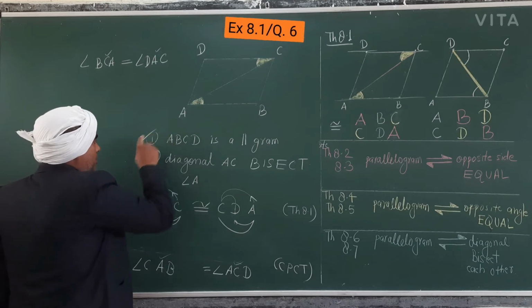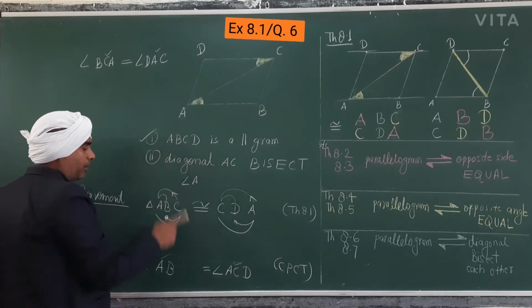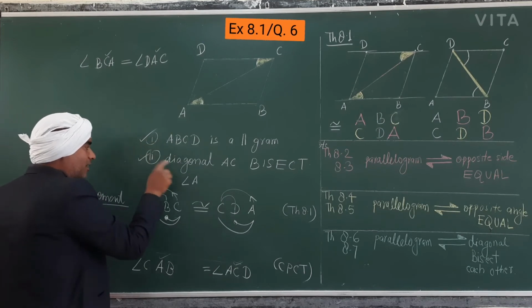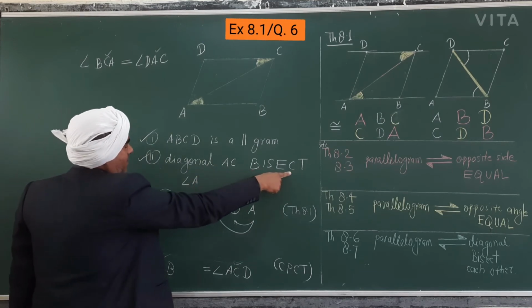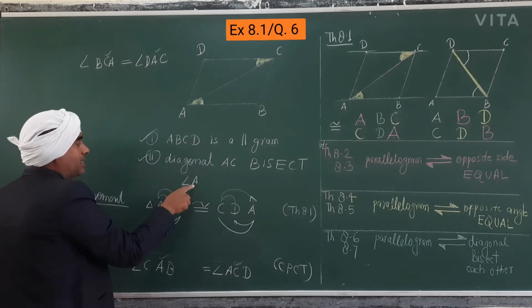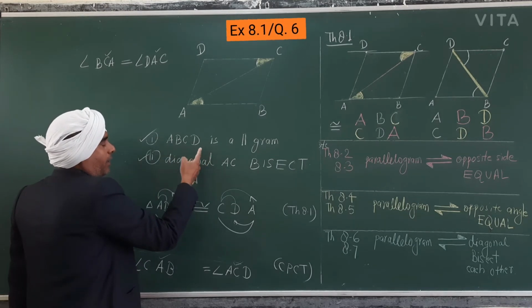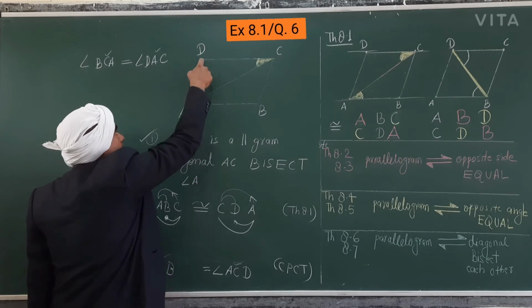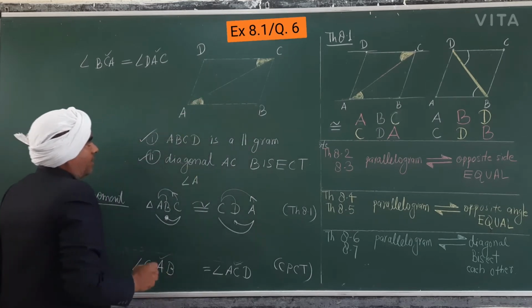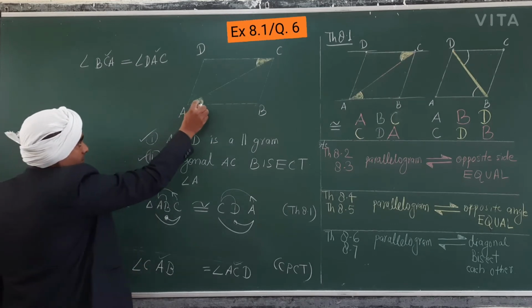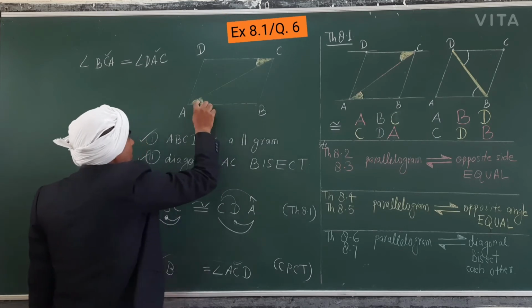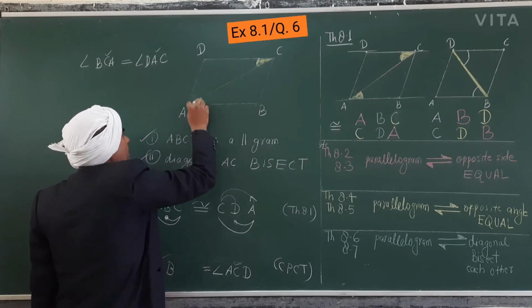Okay, now we have used ABCD is a parallelogram, two conditions here. With this diagonal, extra condition: diagonal AC bisects angle A. What does it mean? It is written only A, meaning at that time ABCD was a full parallelogram, no? So angle A means the full angle A. This corner was bisected. So we will write this BAC equal to this DAC.